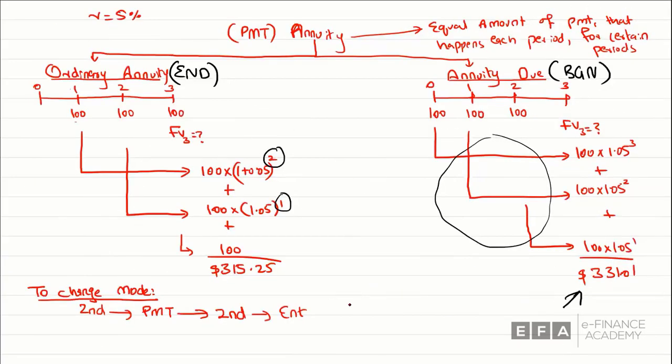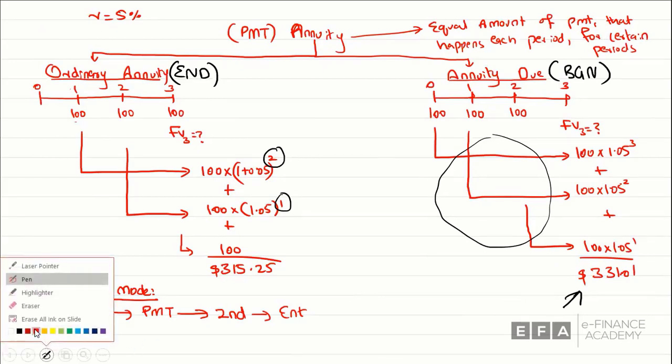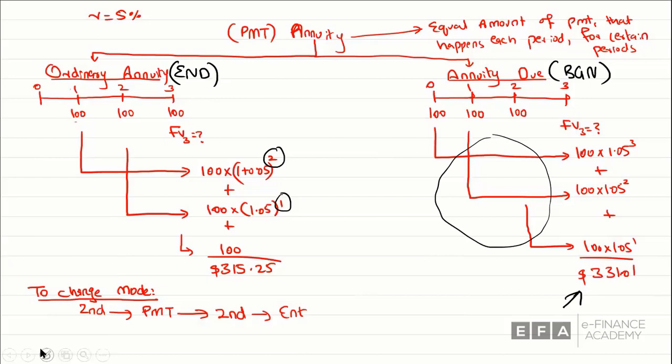Another thing: once we change the mode, let's say we have to get the answer for the above two annuities, for the annuity due, here's how we could answer this. First, let's set the calculator to ending mode. Once we set our calculator to ending mode, N is 3, we have 3 payments.